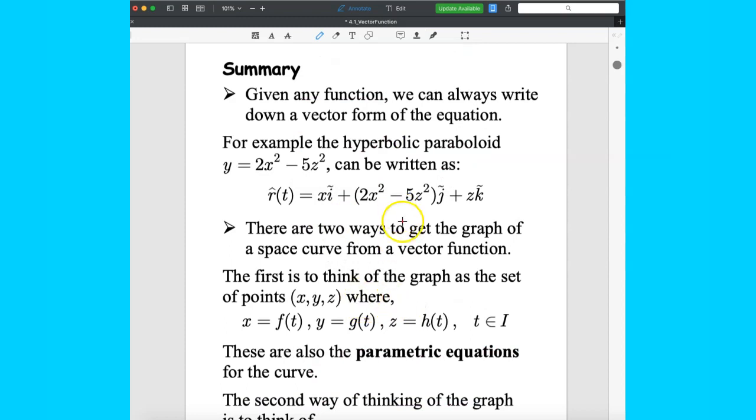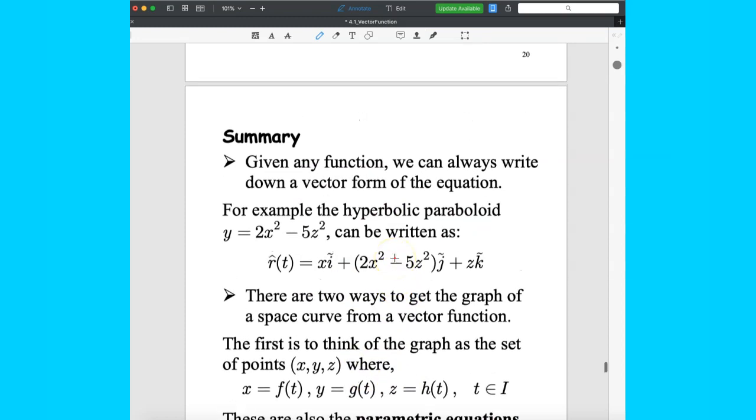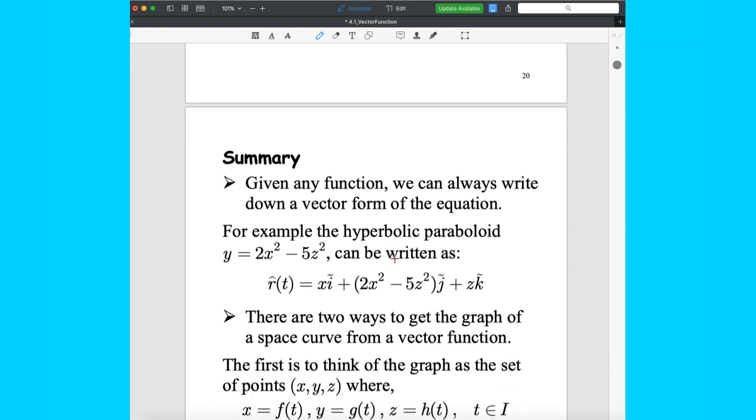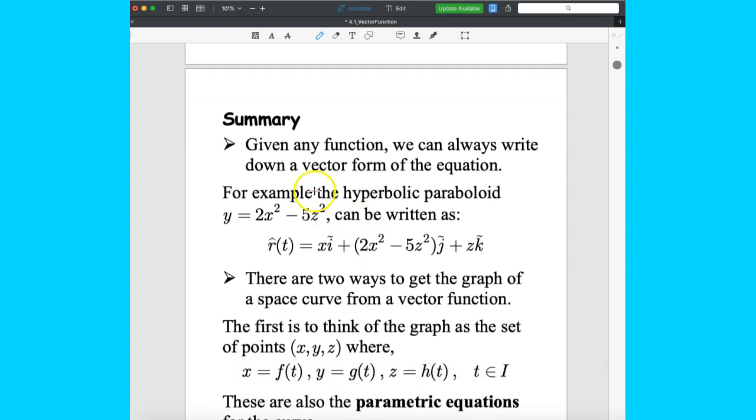Okay, so for the graph sketching of the vector function, here I put a summary. If you are given any function in terms of x, y, z, we can always write down a vector form of the equation.